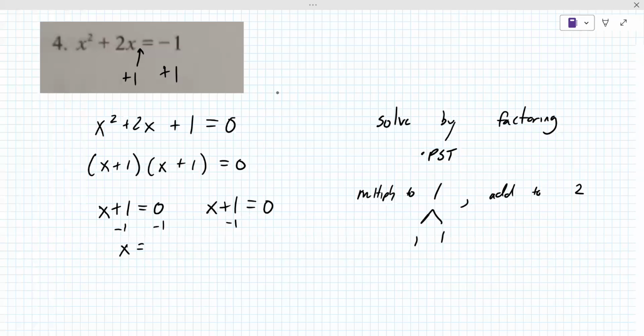What does that become? x equals 0 minus 1, which is negative 1. It's the same thing for the other side, negative 1. So they're the same. That's fine. Your solution is x equals negative 1.